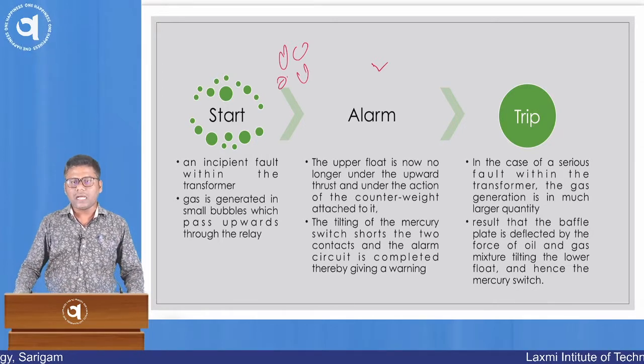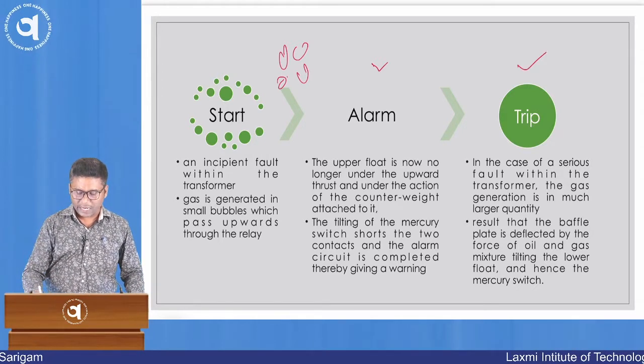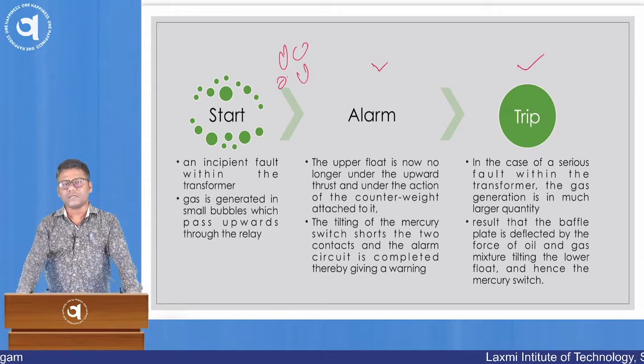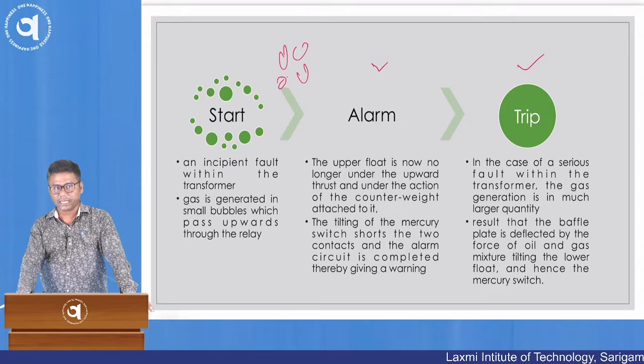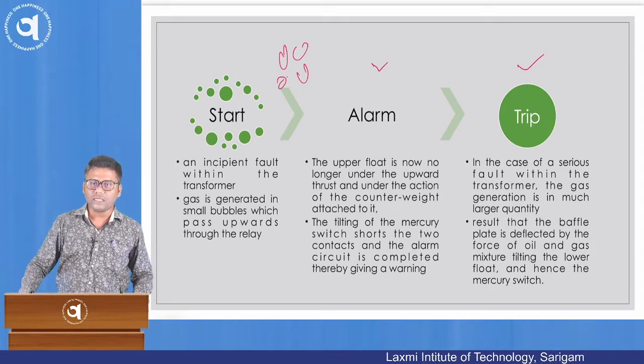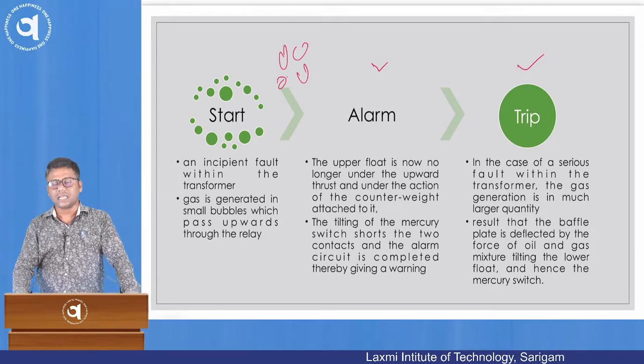Now, in the tripping condition, when there is a serious fault, for example between the windings or between the windings and the core, this kind of serious fault within the transformer generates gas in much larger quantity.